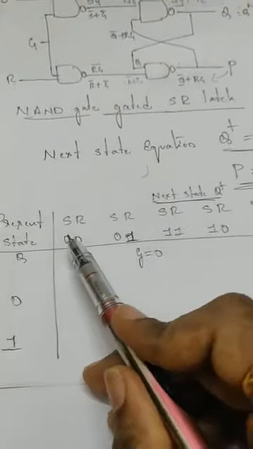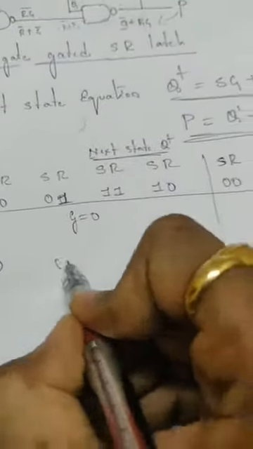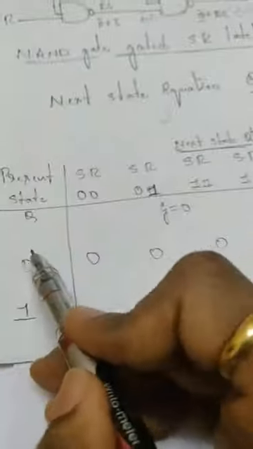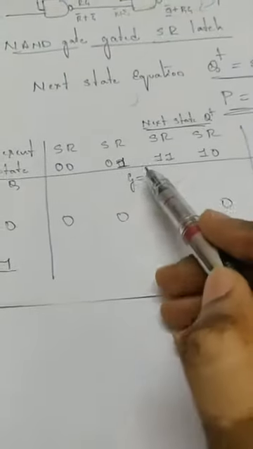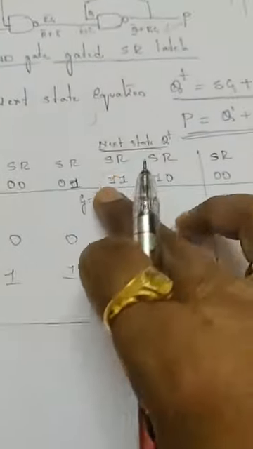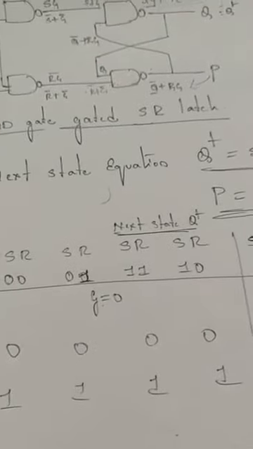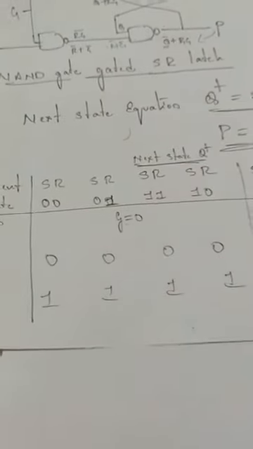So when the gate is closed, if the present state is 0, the next state will be 0 itself. Whatever the present state, it remains, because the gate is closed. When the present state is 1, the next state will also be 1. It never changes, because it is not going to perform any operation.